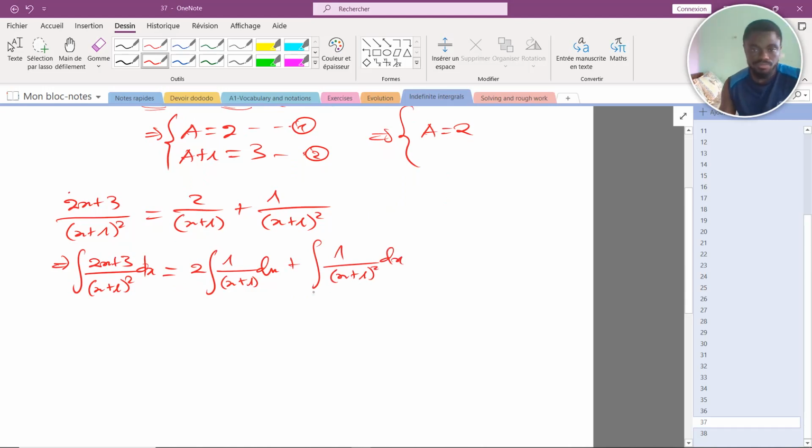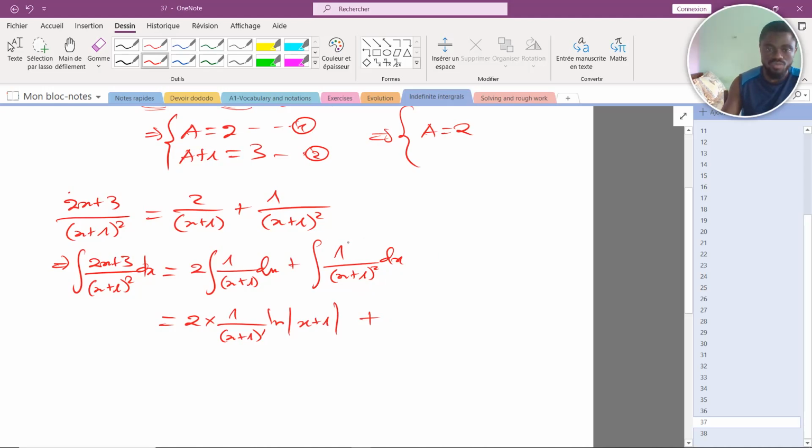Is that okay? Okay, this will be equal to 2. How do I integrate this? This is simply the integral of 1 all over ax plus b. So this will be equal to 1 all over the derivative of x plus 1, times ln of the absolute value of x plus 1, plus, how do I integrate this?